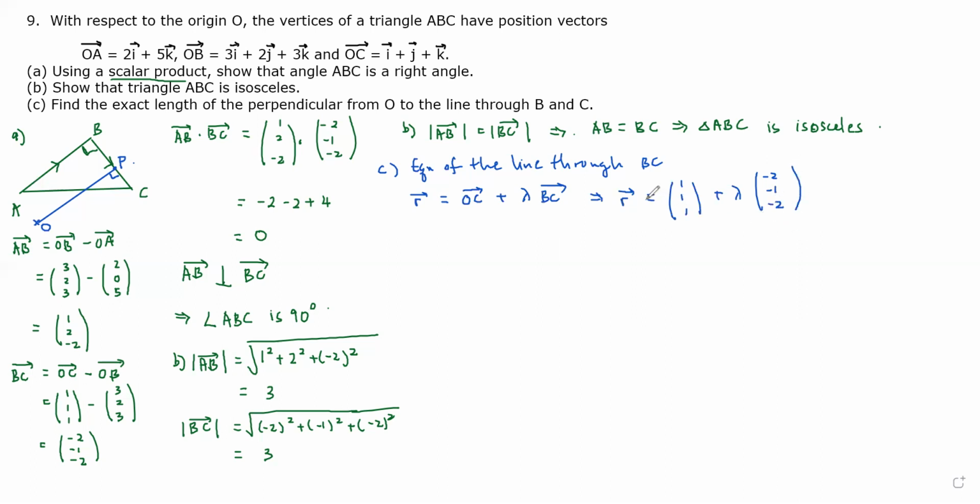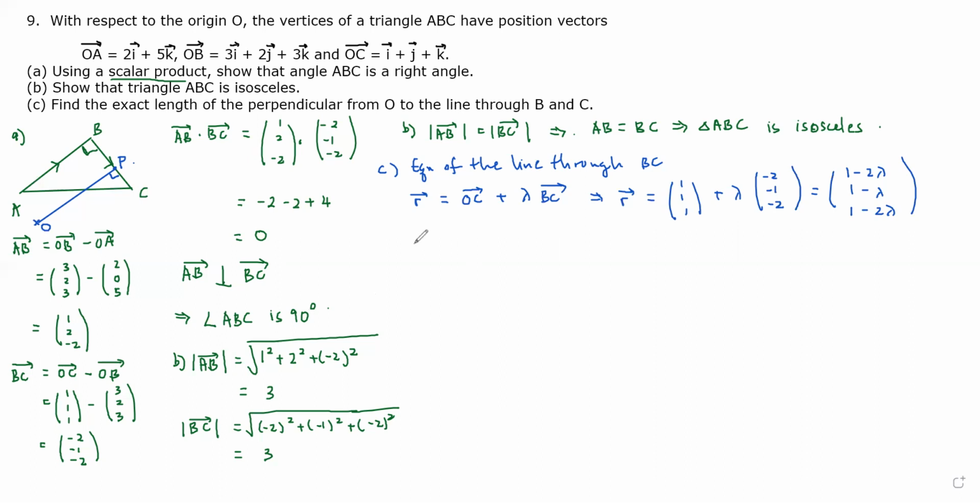That gives you the vector equation of a line passing through BC, but that is also the position vector of any points on BC. So instead of writing it this way, we can combine this so that we get 1 minus 2 lambda, and then 1 minus lambda, and 1 minus 2 lambda as well. So that is the position vector of any point on BC.